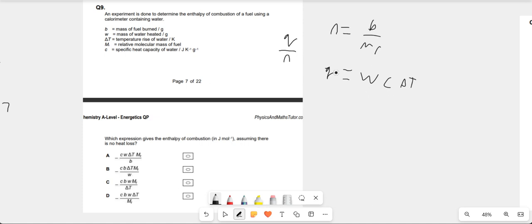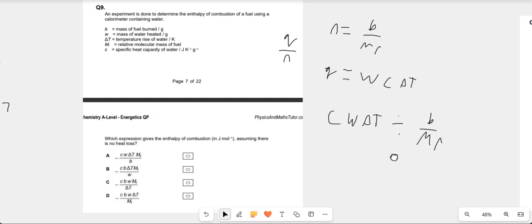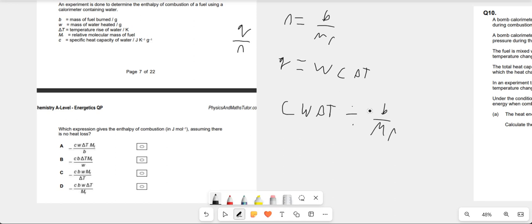So now I need to divide Q by the moles, so Q over B over Mr. I'll write it like this because this is the way they write it. I'm going to need to divide this by B over Mr. Remember, when you divide something by a fraction, you keep, flip and change.